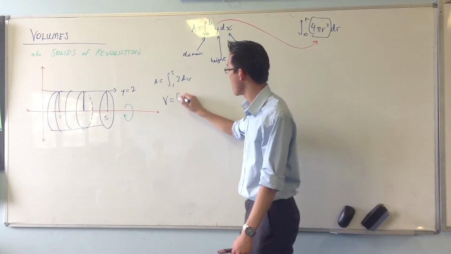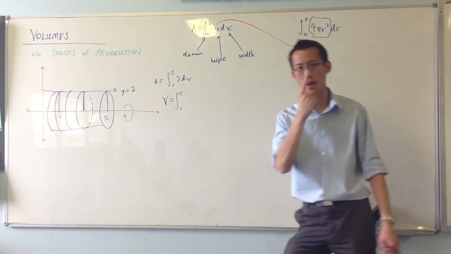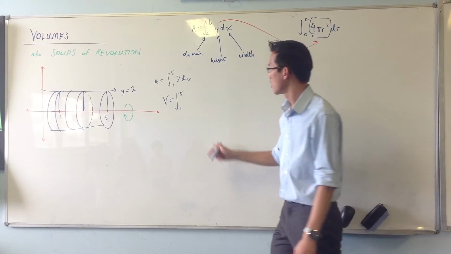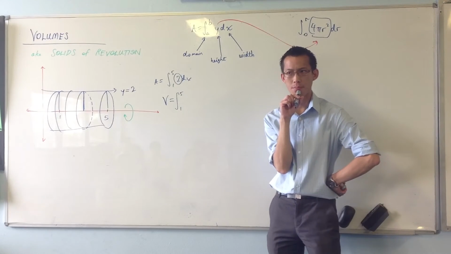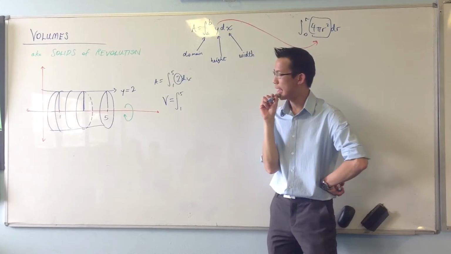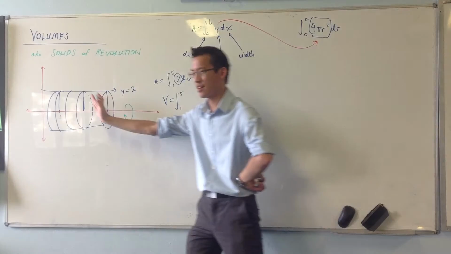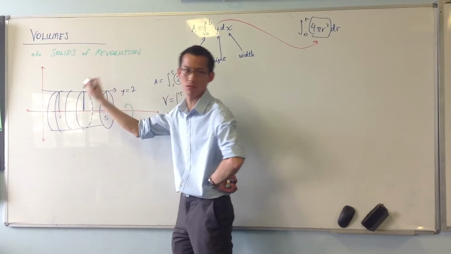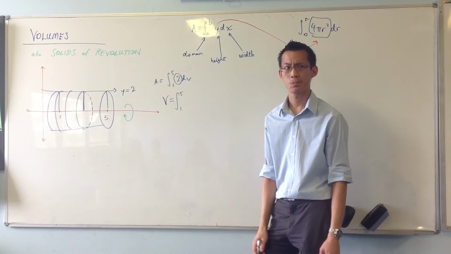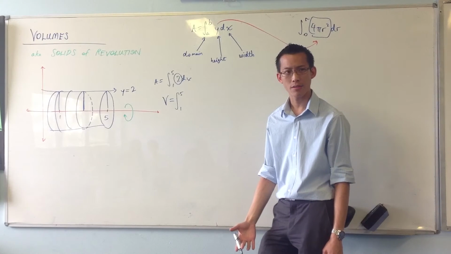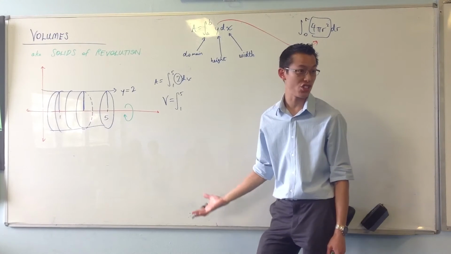Now my boundaries are still the same, I'm still going from 1 to 5, but instead of a 2, what's going to be in here? Instead of just a line, what I've made is a circle. But we know what the area of a circle is. What's the area of a circle? Pi r squared. Now, in this case, my radius is 4.